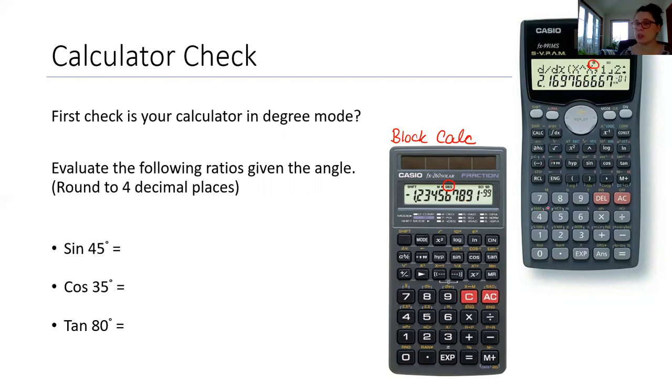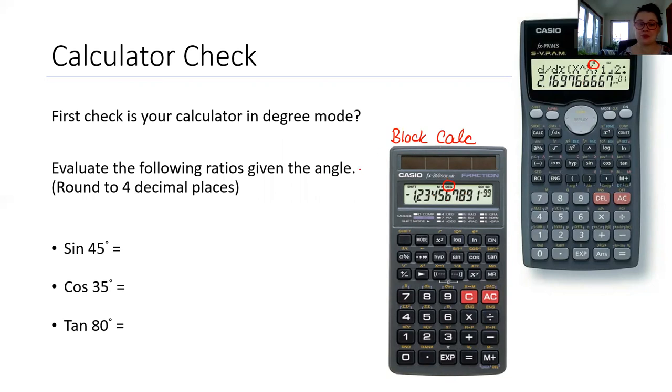So that means we're in degree mode. There's degrees, radians, and gradients, three ways to deal with angles, and we're going to use degrees. If you're not sure whether it's in degrees, or you need help putting it in degrees, turn your calculator on, take a picture, send it to me, and I can figure out how to switch it for you.